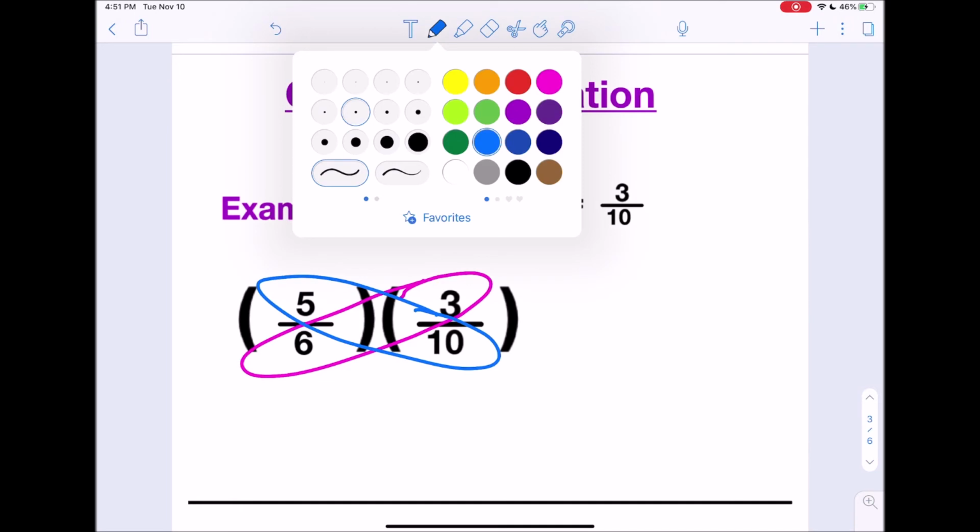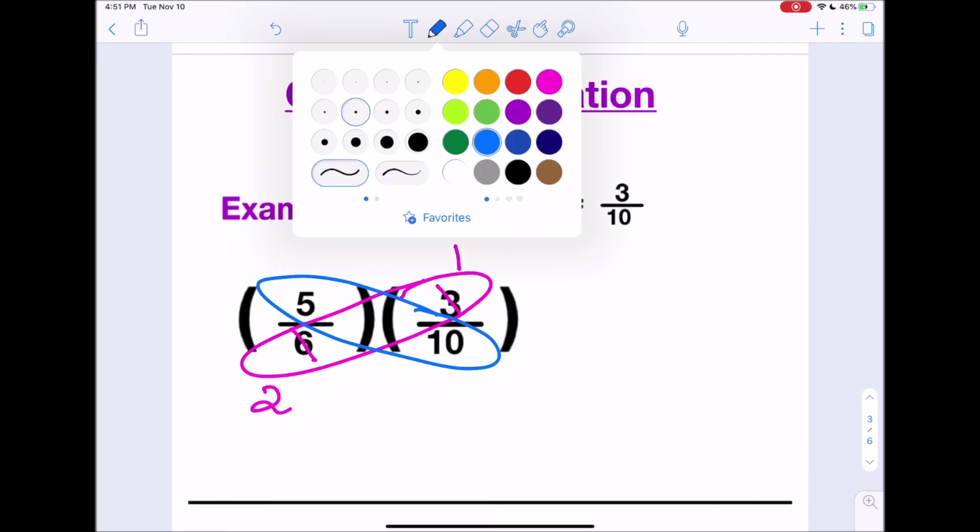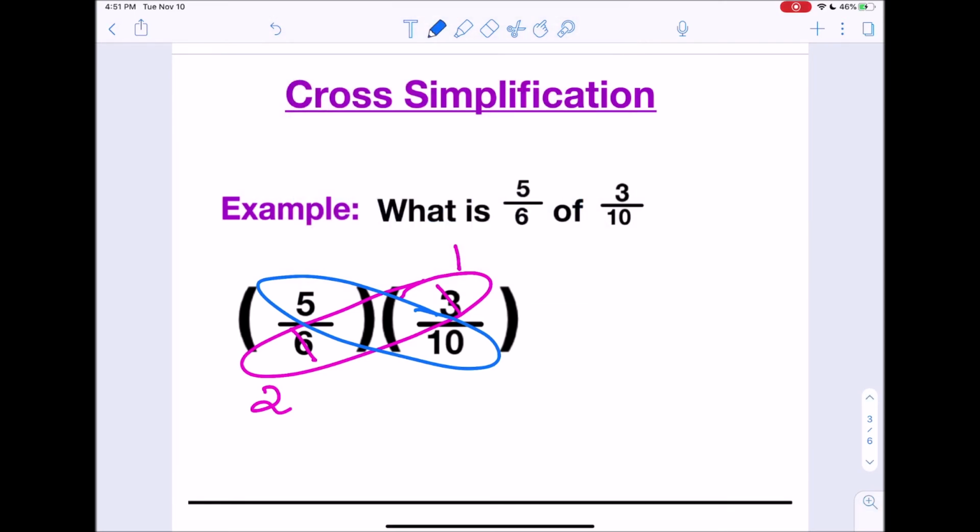So let's do 6 and 3 first. I know that 3 goes into 3 one time. And I know 3 can go into 6 2 times. So I've just simplified those numbers to 1 and 2. Now I can look at the other side and I have 5 and 10.